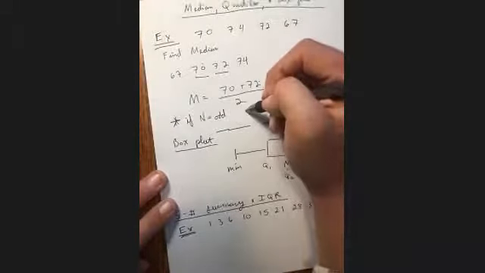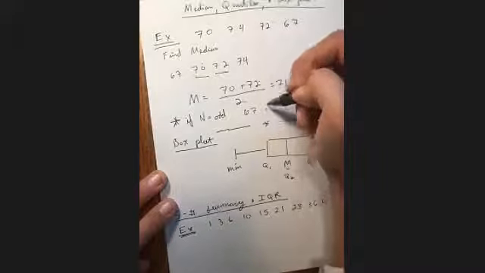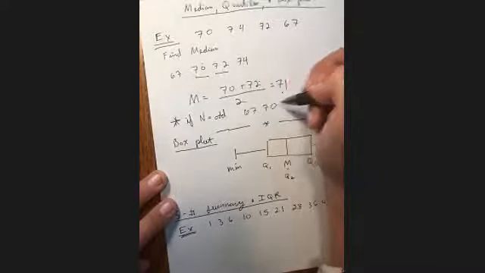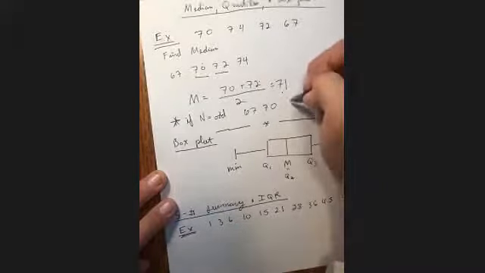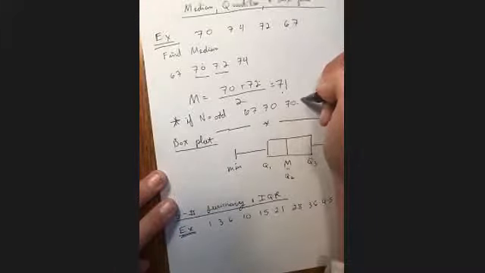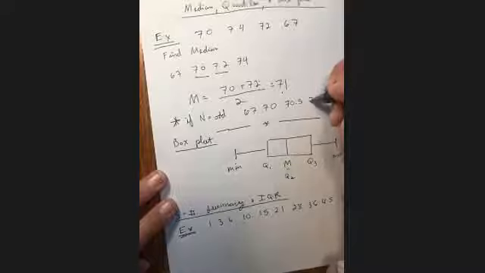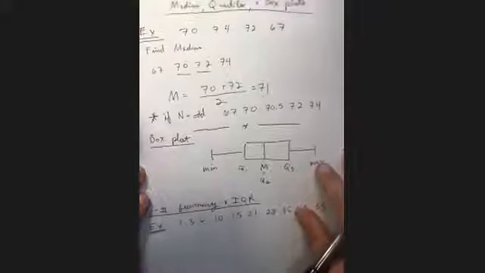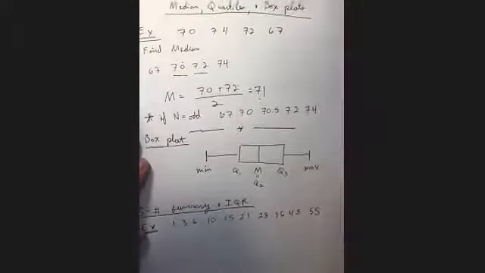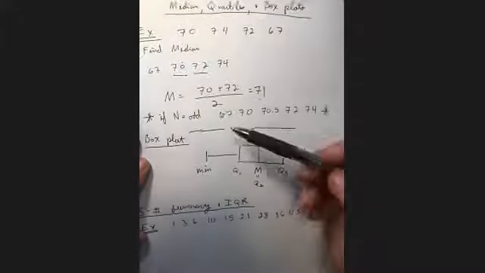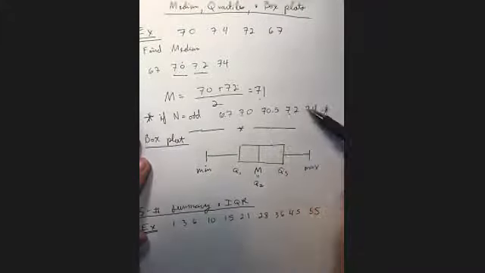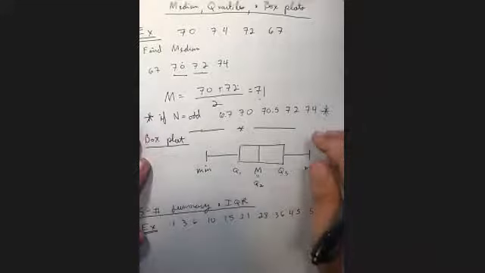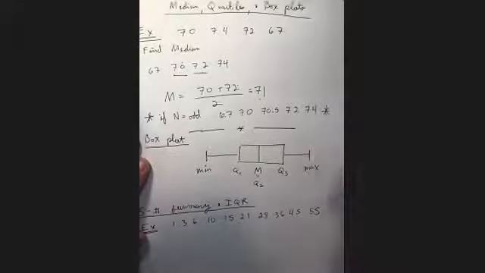So if I just arbitrarily add another number here, so I'm going to do 70.5. So in this case, we have an odd number of data points, 1, 2, 3, 4, 5. When we have an odd number of data points, finding the middle is simple.